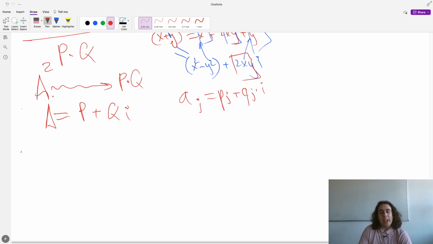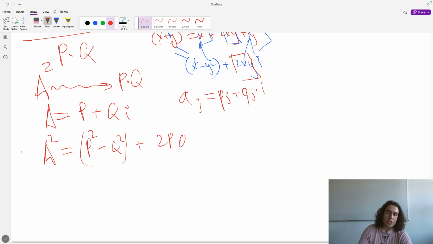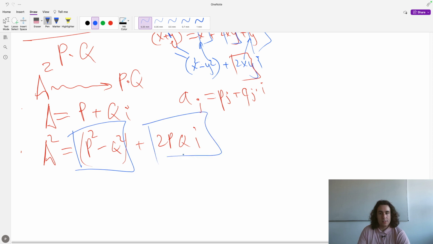And then I take the square of the polynomial A, and it's going to be P squared minus Q squared plus 2PQ times i. Because P and Q were real polynomials, this is going to be real, and this is going to be imaginary. So in the coefficients of A squared, we can take just the imaginary parts of all the coefficients, and I'm going to have the coefficients of 2PQ. And then I can just divide.